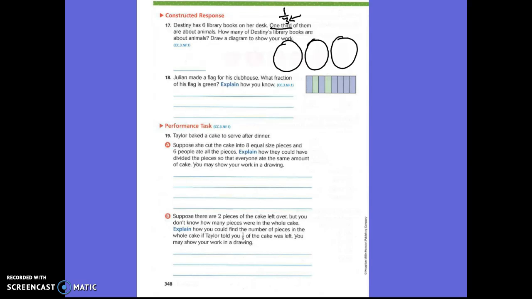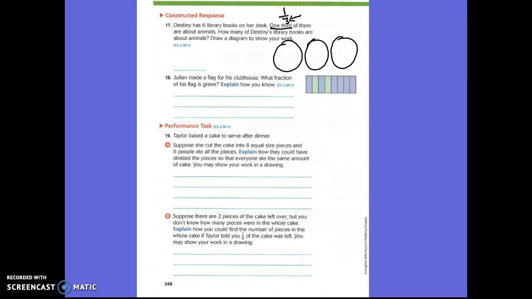How many counters would I draw in the group? Tyson? No? Not 2. Oh, no, you're right. 2. Sorry.